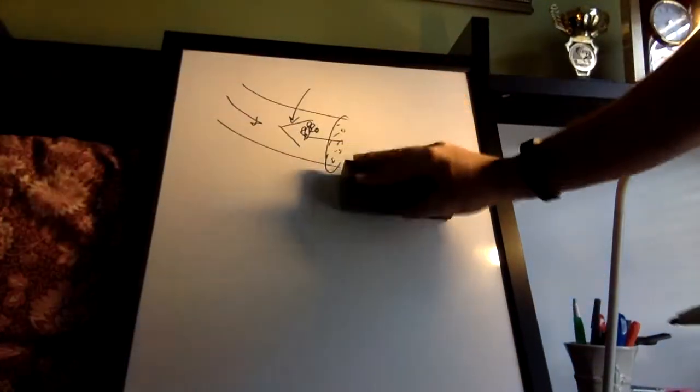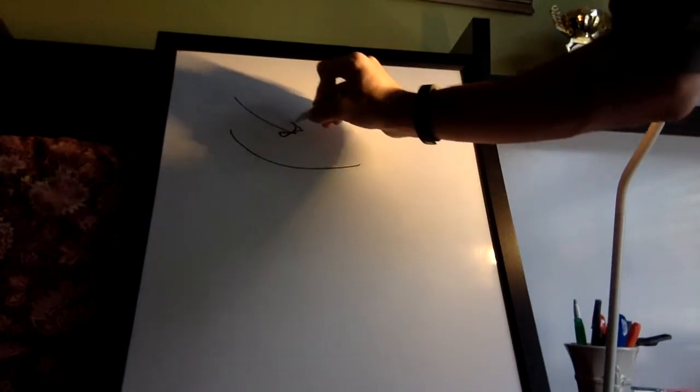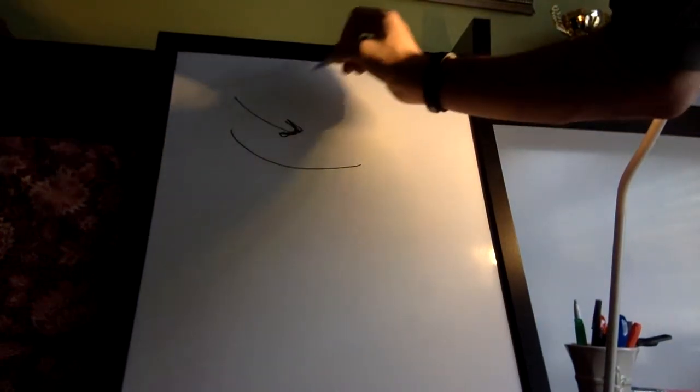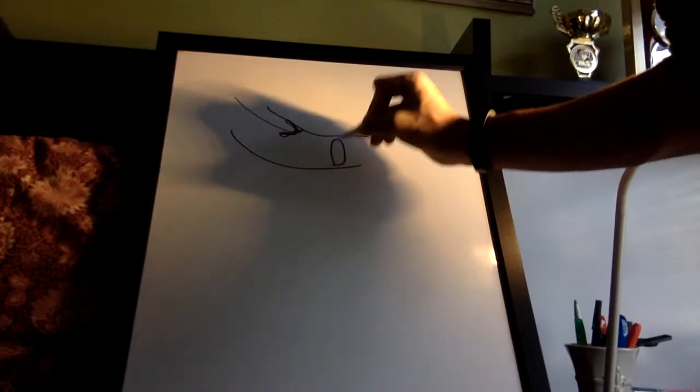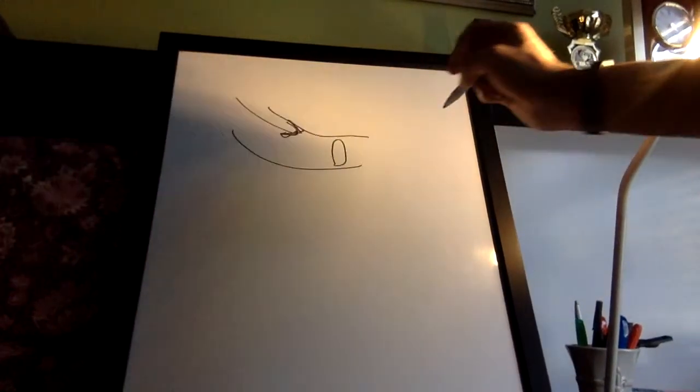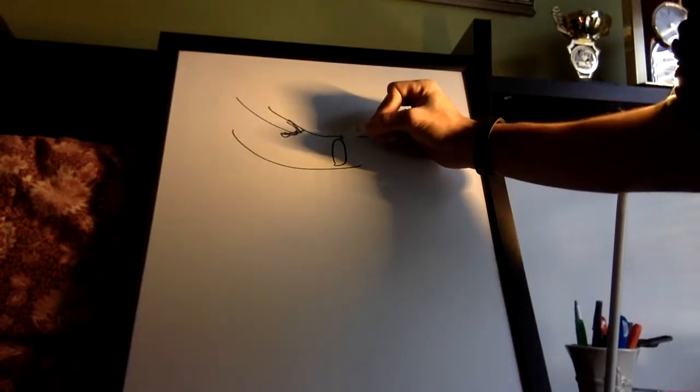And so what if we took this to the next level and made it so that when the water flowed through, this is an arrow, and the water flowed through the pipe, this filter didn't go all the way around to the circumference of the pipe.